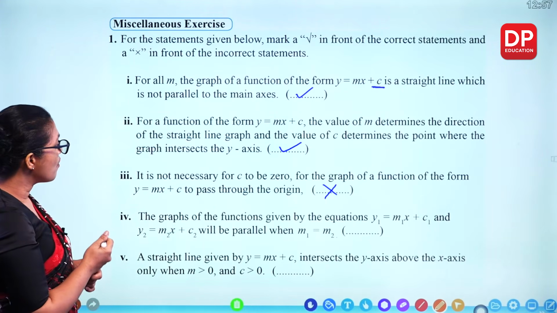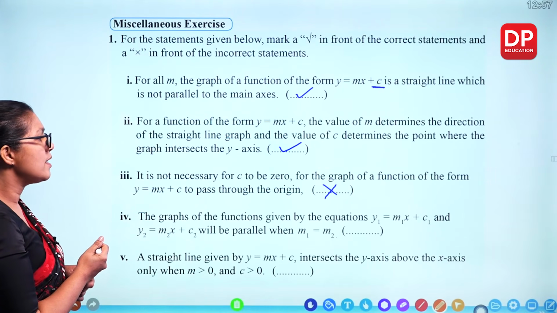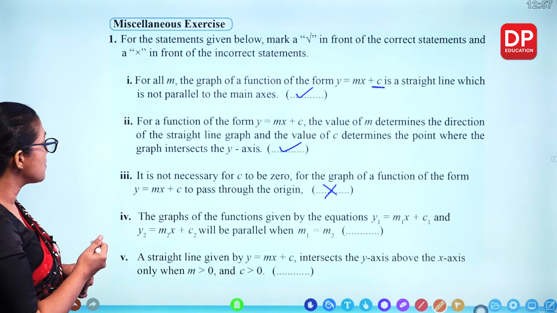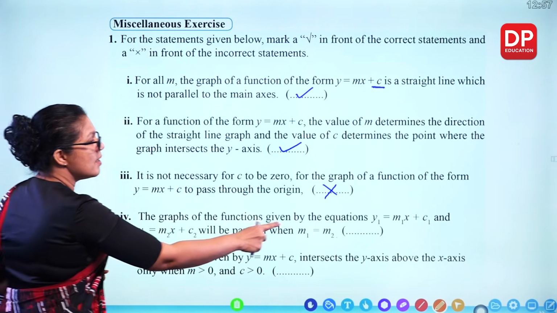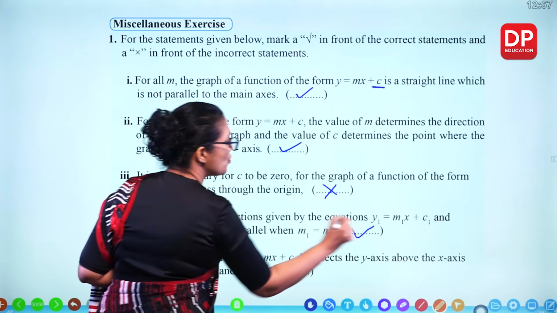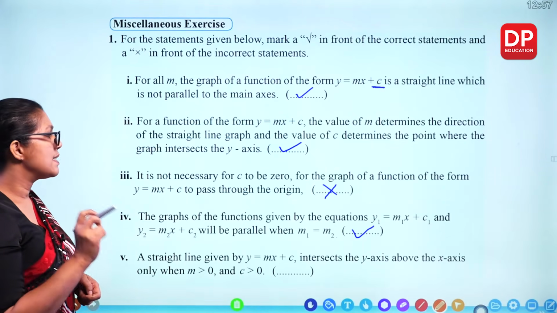Next one, the graphs of the functions given by the equation y1 equals m1 x plus c1 and y2 equals m2 x plus c2 will be parallel when the slopes are equal, gradients are equal. That's true. Only when the gradients are equal, the two lines are parallel.